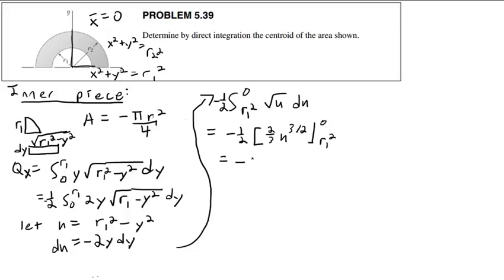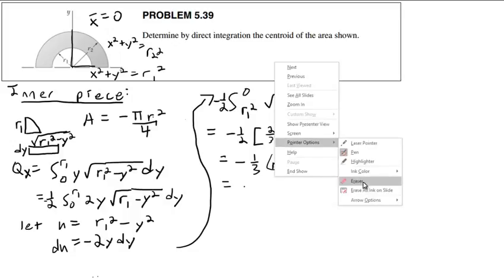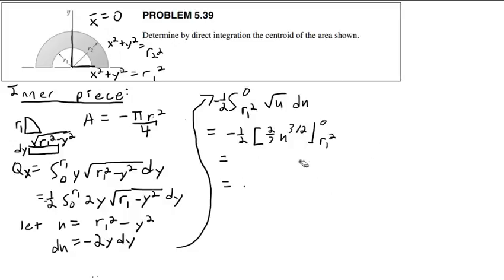So then this is negative 1/3 R1 squared to the 3/2, which will just be, well, actually negative here. So let me break this up. I think it's a little bit confusing when I'm writing this. Negative 1/2 times 0 minus 2/3 R1 squared 3/2, like so.